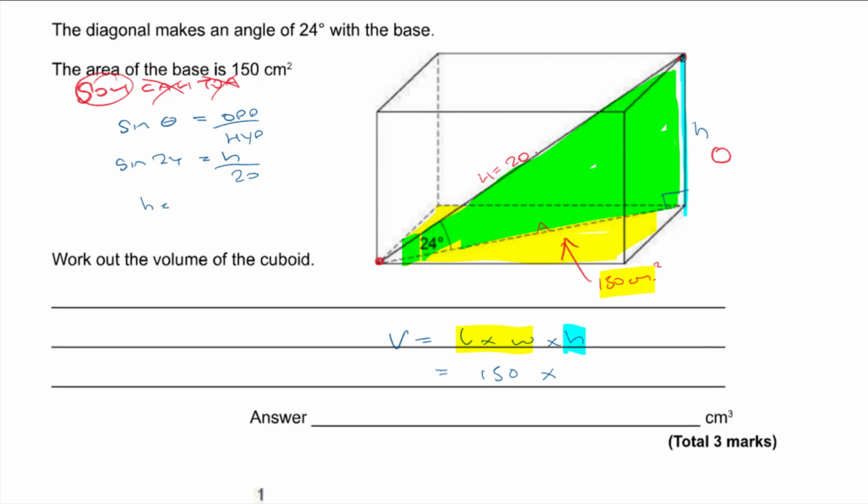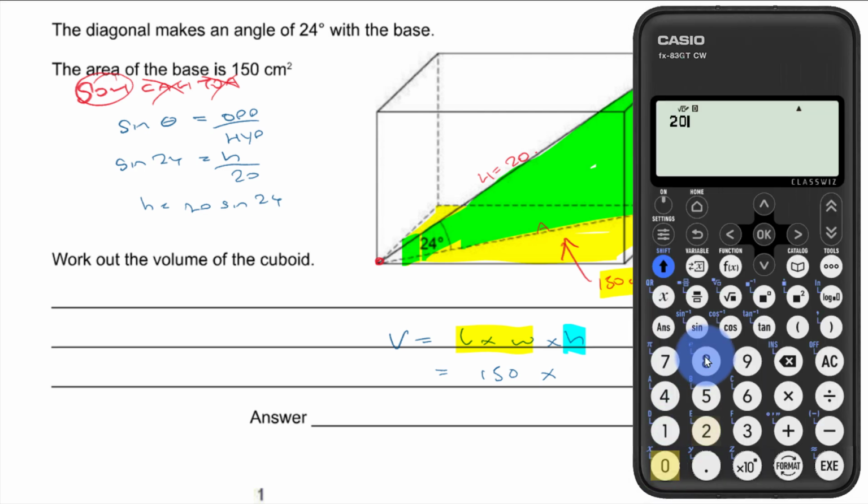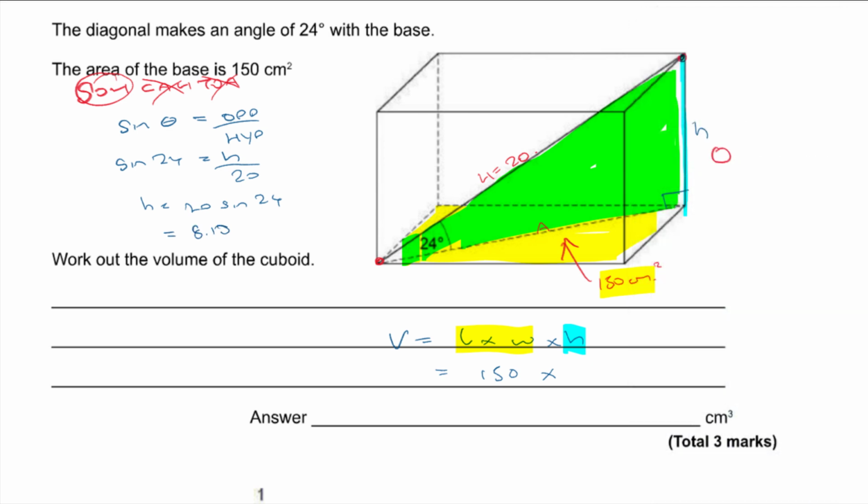Rearranging, the height is equal to 20 sine 24. Tapping that into the calculator, 20 sine 24 comes out to be 8.13 and change. As always, I'm going to write down 8.13, but retain the full calculator value to retain accuracy for my final answer.